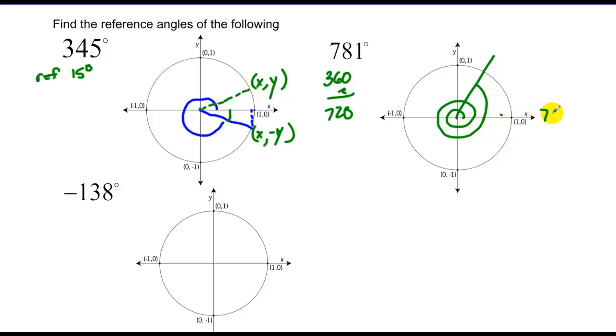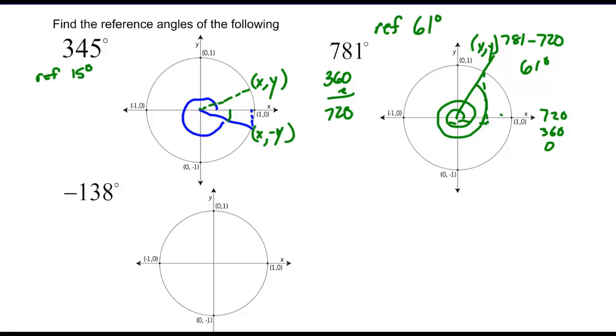Well, we knew this is 720. It's also 360 because they're coterminal, also 0, etc. So 781 minus 720 gets me 61 degrees, and our reference is 61. Since they're in the same quadrant and coterminal, this x and y is exactly the same in both cases.